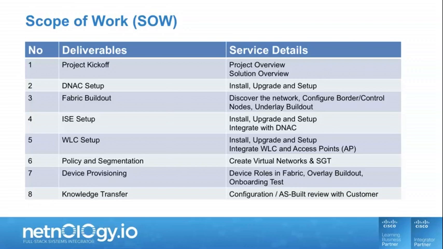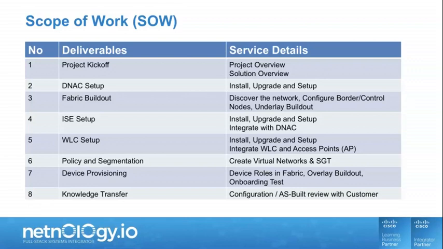A lot of times, customers are not familiar with wireless LAN controller and ISE. Make sure it is defined and explained if it is going to be part of a scope of work. Make sure you understand if it is a VM or a physical appliance for both ISE and wireless LAN controller.